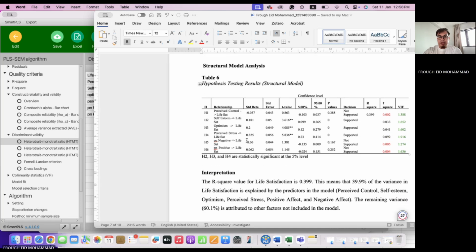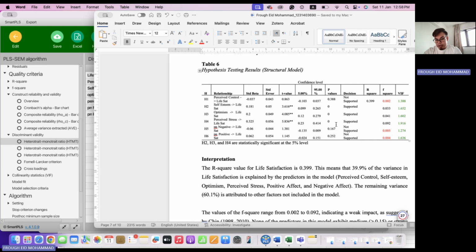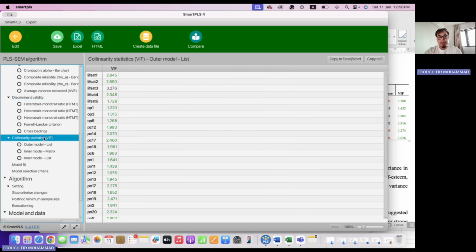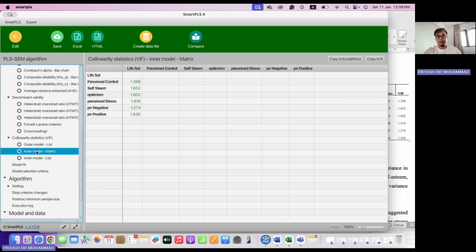For the structural model analysis, what I need is this table. First, I need the VIF here, so I need the PLS algorithm. This is for the structural model analysis, so I need the inner VIF values, not the outer.